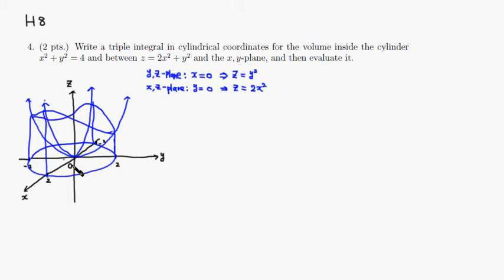So you have a solid, which looks like that. It doesn't look all that great, but I'll do my best. Here I'm going to just shade it. This is going to be a cylinder right there.